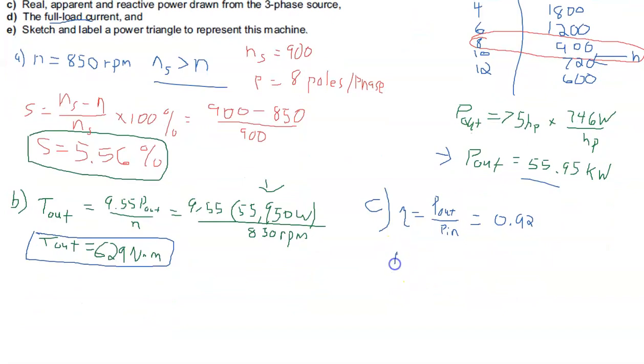And so therefore, we can say that the power in will be equal to power out divided by the efficiency. The biggest thing to remember here is that P in is greater than P out, and that'll help you get this calculation correct. And so 55.95 kilowatts divided by 0.92.